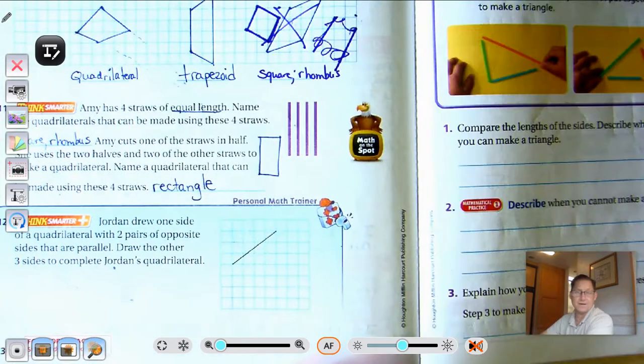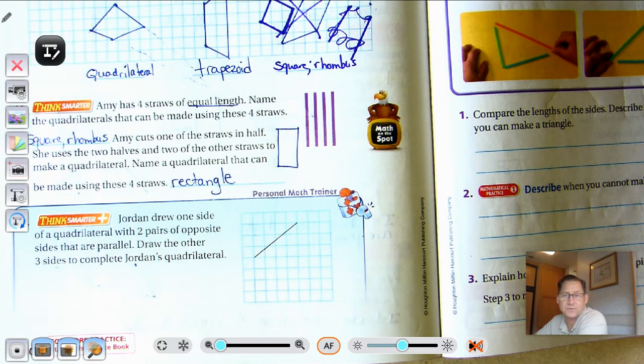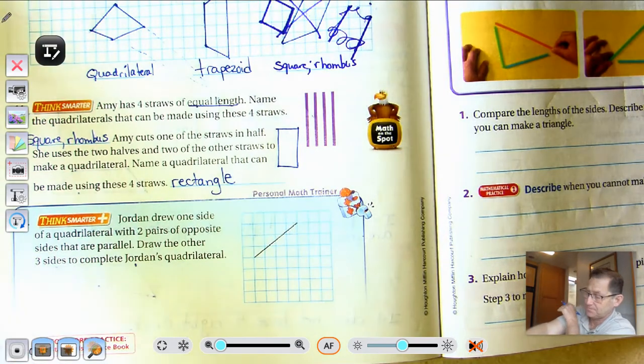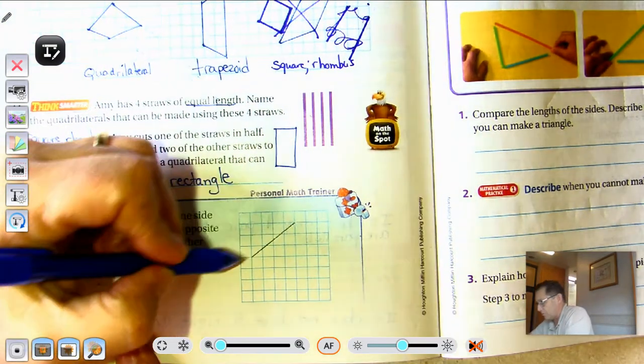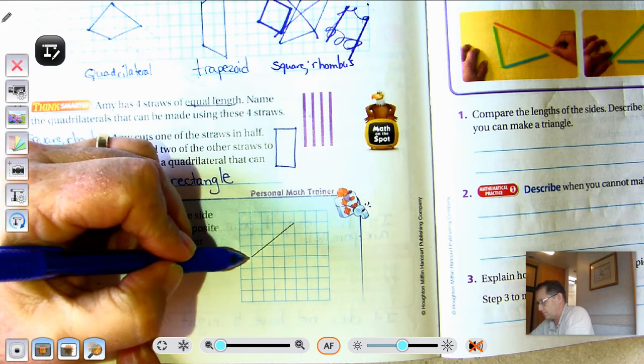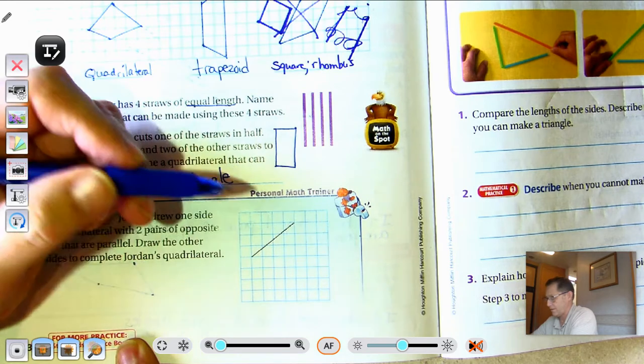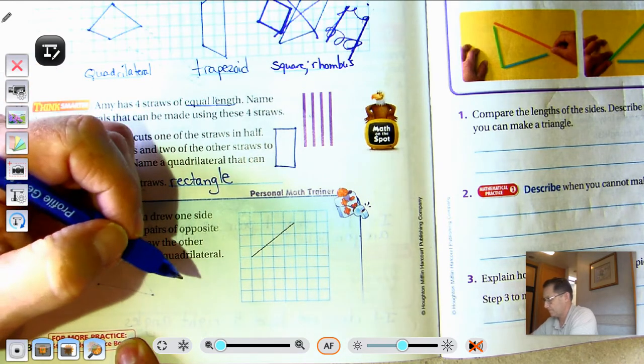All right. Now, number 12. Jordan drew one side of a quadrilateral with 2 pairs of opposite sides that are parallel. Draw the other 3 sides to complete Jordan's quadrilateral. All right, so it's 1, 2, 3, 4 squares long.